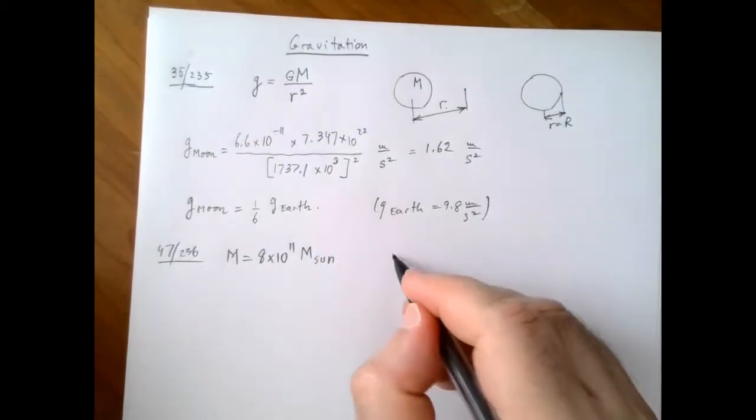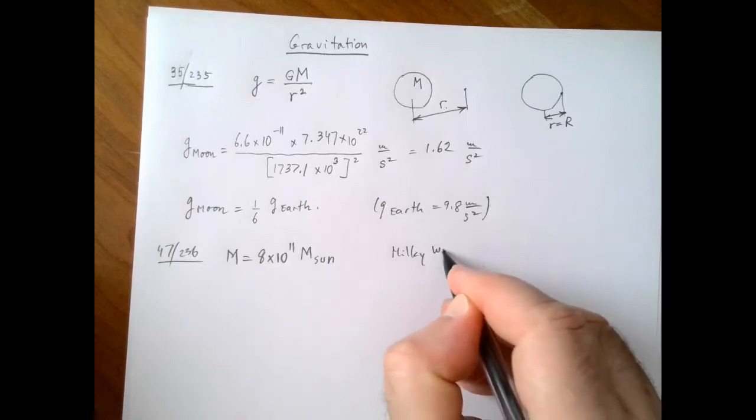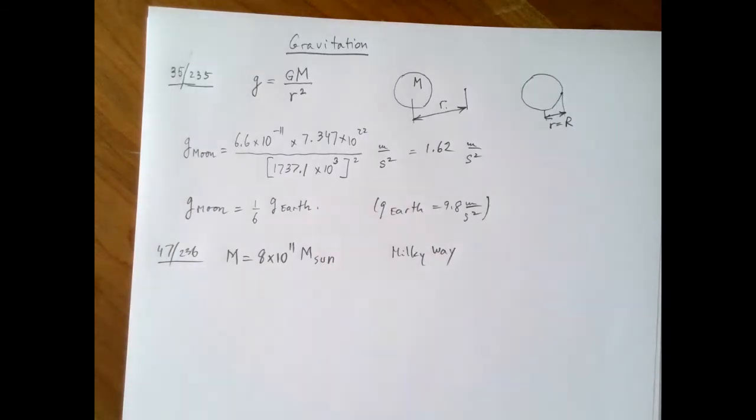So this is the mass of the Milky Way. It's about 8 times 10 to the 11th times greater than the mass of the Sun.